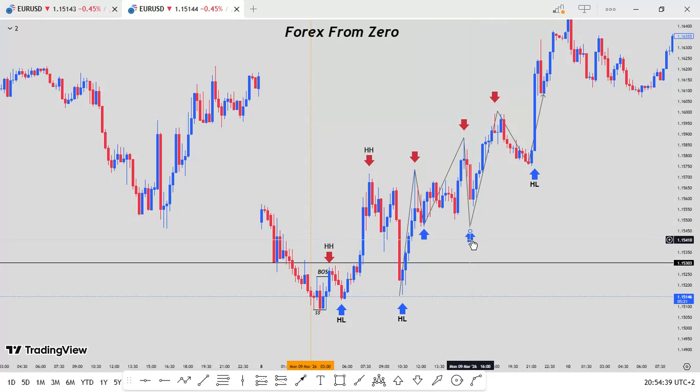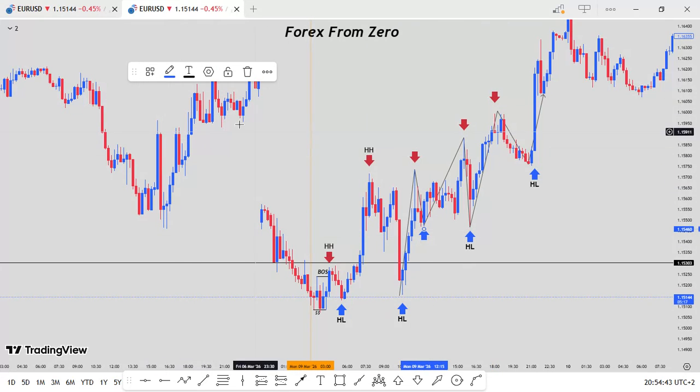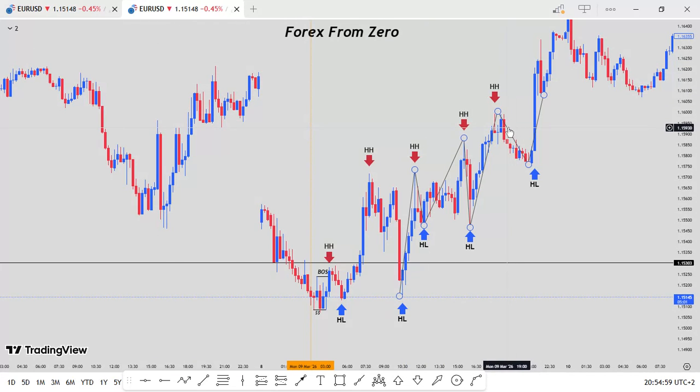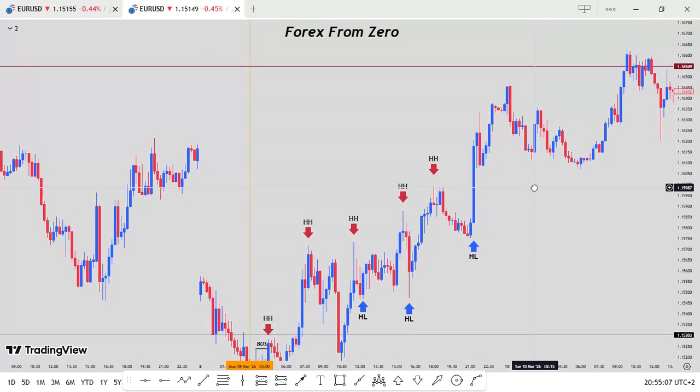Higher low, higher low, higher low, higher high, higher high. And if there's one thing that I'm really noticing in the market, it is that structure is key. Once you understand structure, where the market is going, you will never go wrong.